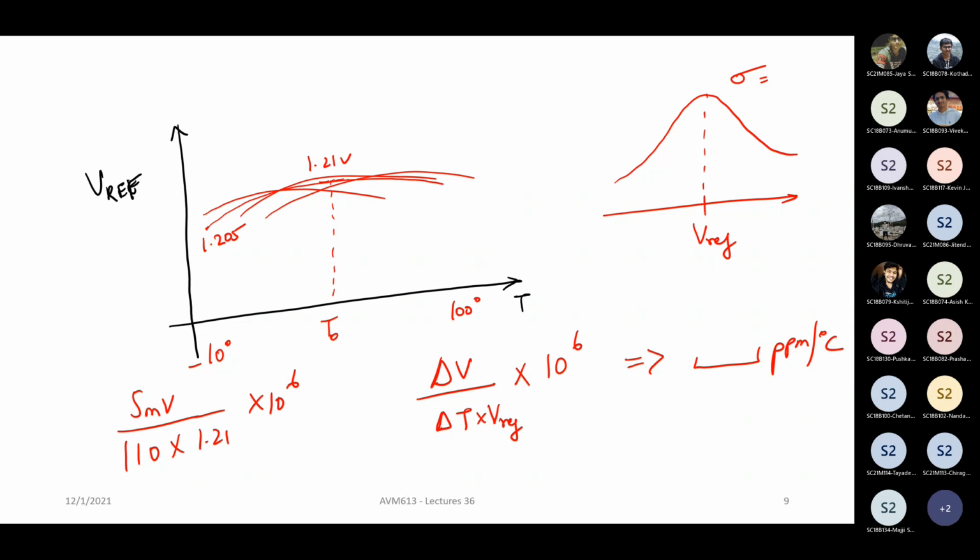So you will see that the VREF value will be pretty much the same, but the curvature point will be a little different like this. And there are a lot of people who have come up with techniques to handle this curvature, and so on.